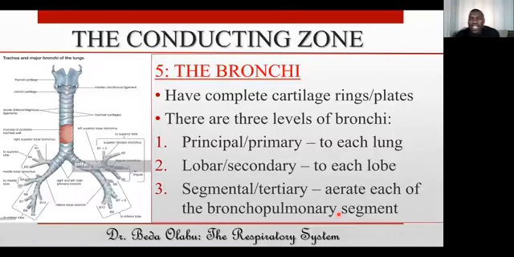The bronchopulmonary segment of a lung represents a lung segment that is aerated by a single tertiary bronchus. We have about 10 in the right lung and 8 in the left lung.